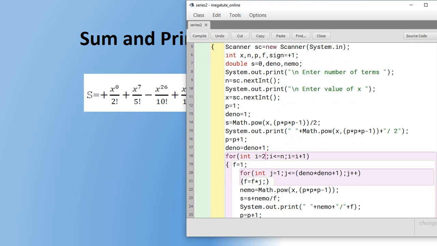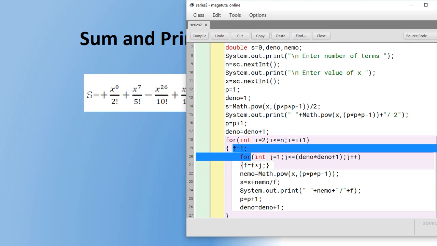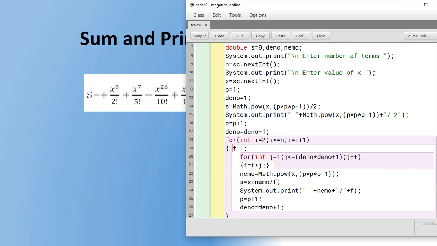Now here, as I told you, whenever you have factorial, you have to introduce this factorial loop. And now you will calculate the numerator, which, as you can see in the series, is x to the power p. So Math.pow(x, ...) and now the power is cube of the natural number minus 1.